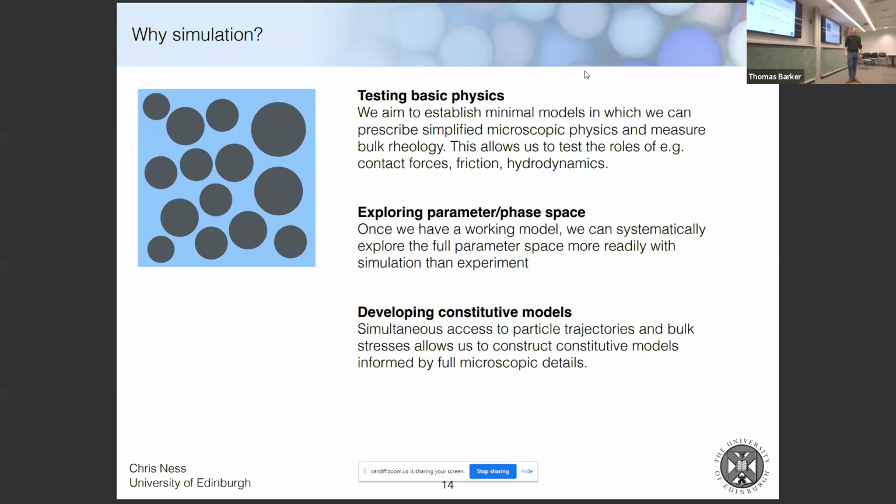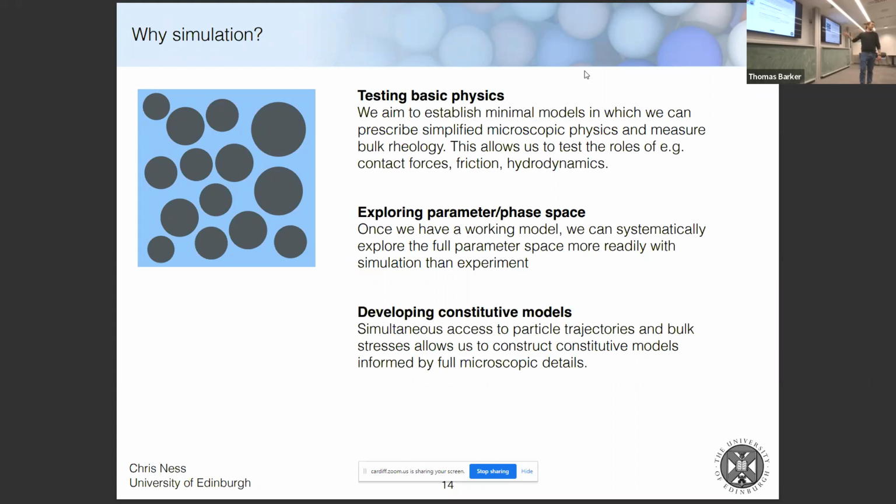The thing that's great about it is you can construct a minimal model. You can prescribe exactly the physics that you think are relevant, whether that's the drag forces on the particles, the particle-particle contacts, and so on. And if you don't like those physics, or you don't understand them, you can just switch them off and get rid of them altogether. So, for example, we've turned off the Brownian forces, so there's no diffusion whatsoever of the particles, which in reality is true if the particles are big, but generally there's a little bit of Brownian motion there.